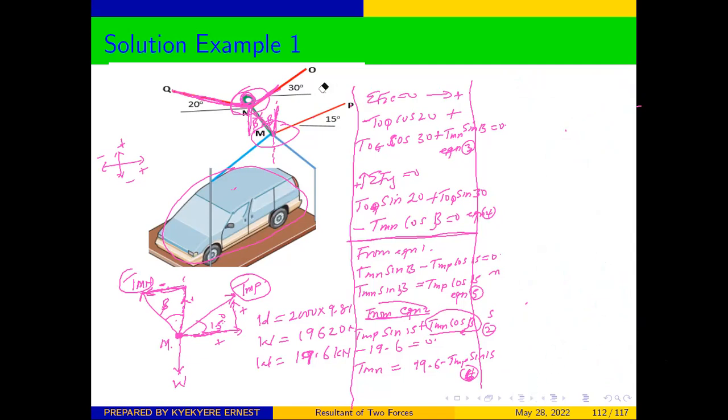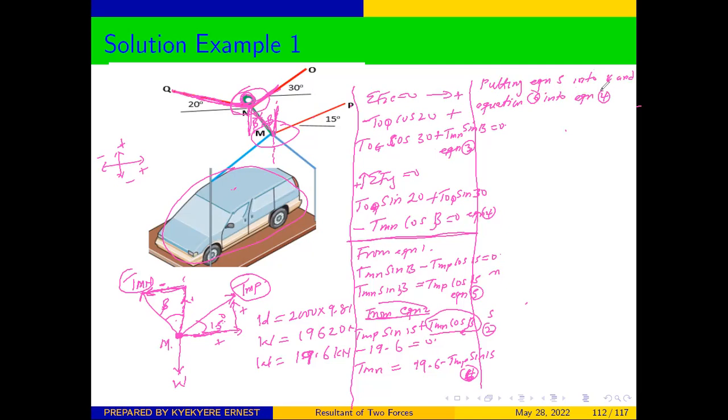Therefore, from there, we can say that putting equation 5 into equation 4 and equation 6 into equation 4.